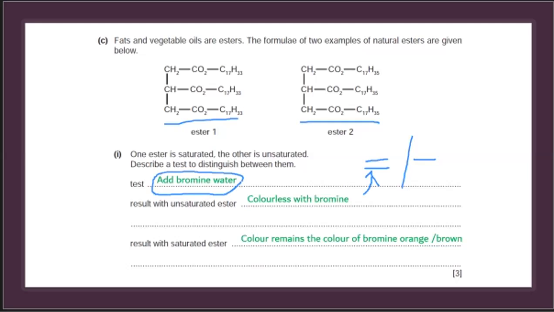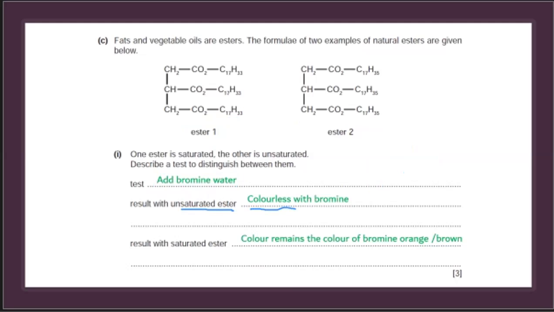If it does not go colorless, then double bonds are absent. So, the result with the unsaturated ester is that it will go colorless because a double bond is present and can be broken. The result with the saturated ester is that the color remains the same because there would only be single bonds inside of the chain.